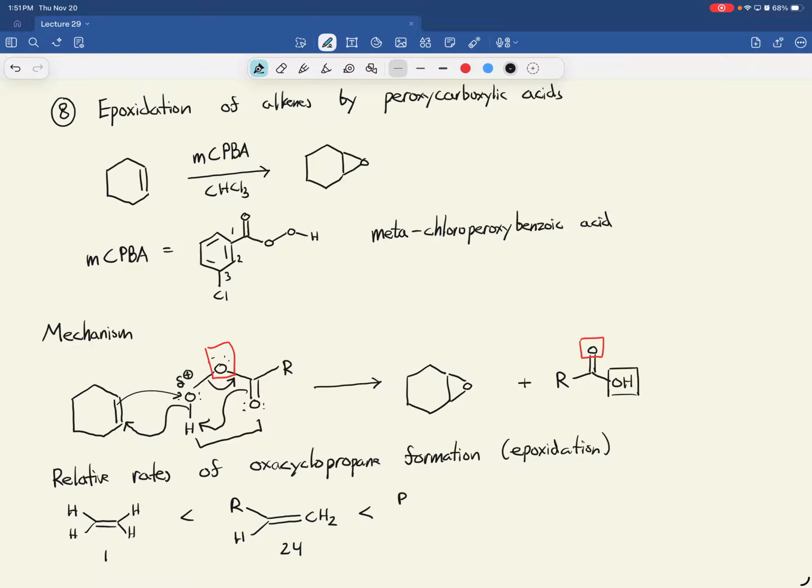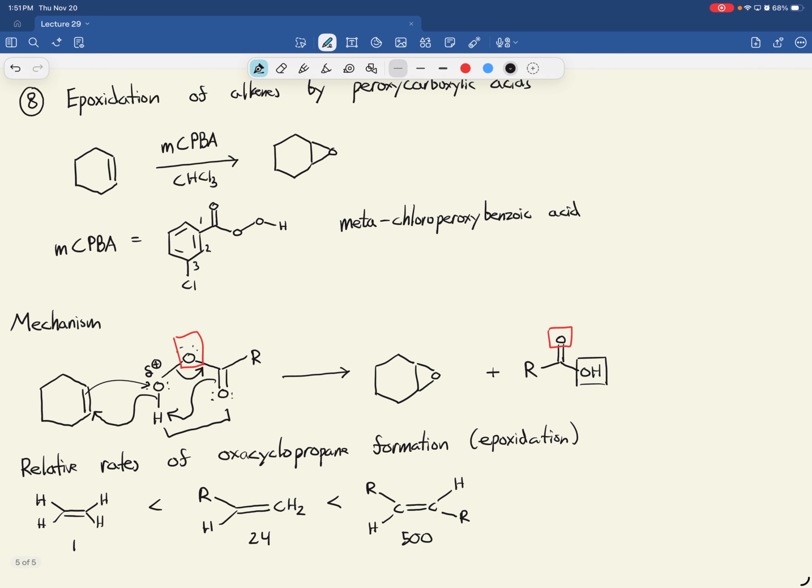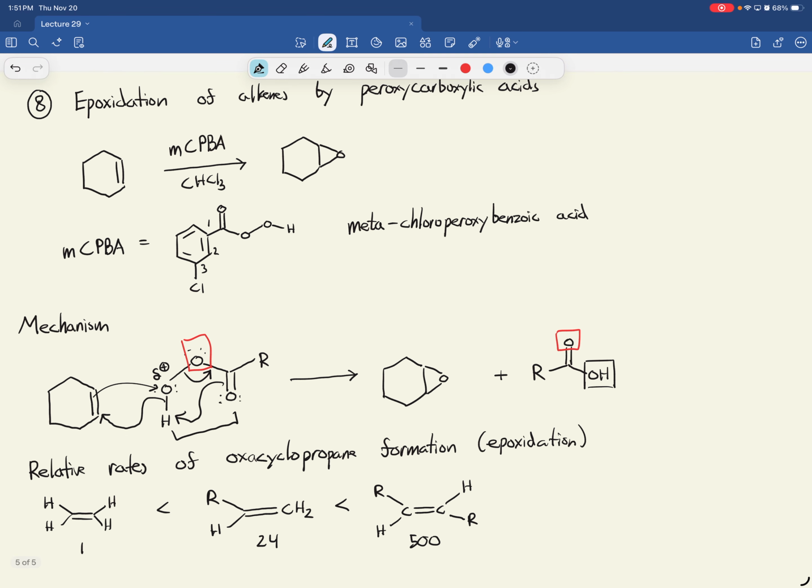Now, this is even more pronounced when we have a disubstituted alkene. So the trans one. All right, so this rate is 500. So way, way larger.